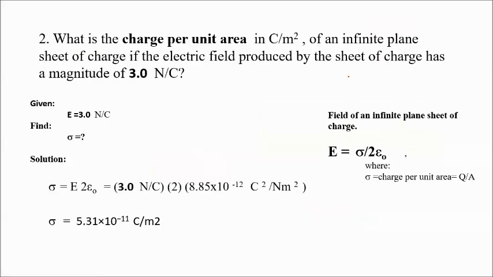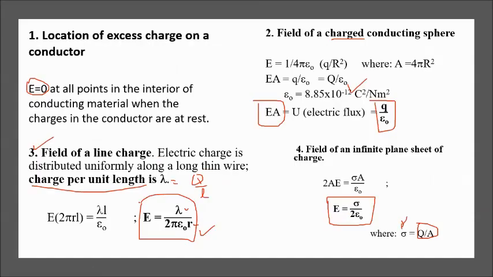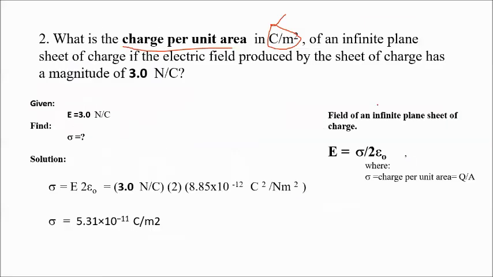Another example. What is the charge per unit area? Charge per unit area. So this is sigma. No? One infinite plane sheet of charge. Naka-indicate dyan infinite plane sheet of charge. Nasa formula 4 tayo. Itong formula 4. Okay.